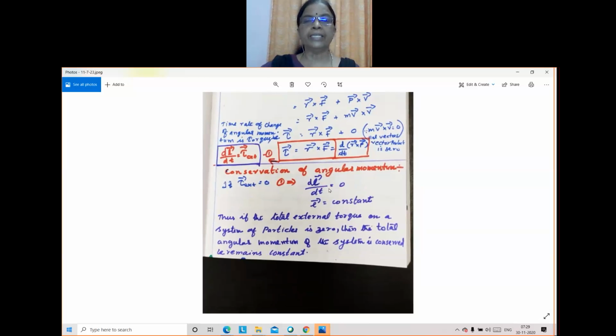Next is conservation of angular momentum. Conservation of linear momentum we have studied. What is it? Aisha is there, Aisha? What is conservation of linear momentum? Aisha? Aisha is not there. Ridubarna is there?